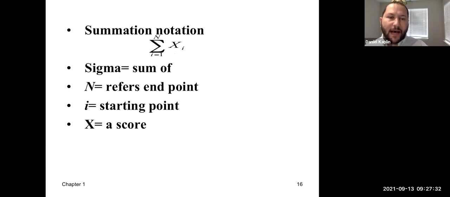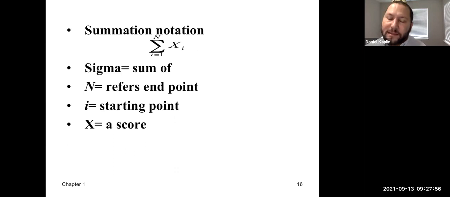N at the top is your end point, right? Because we talk about the N as your sample or your population number. I is your starting point, right? And then X is the score. So the sum of X, if you had the sum of X by itself, you would add all scores, right?